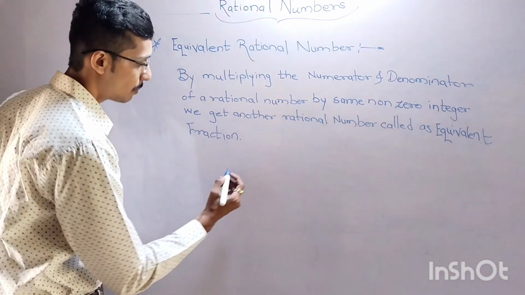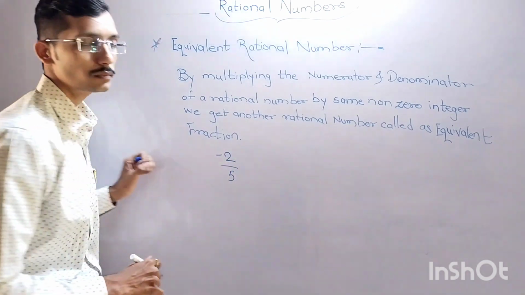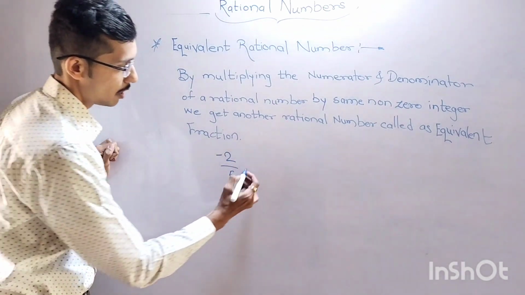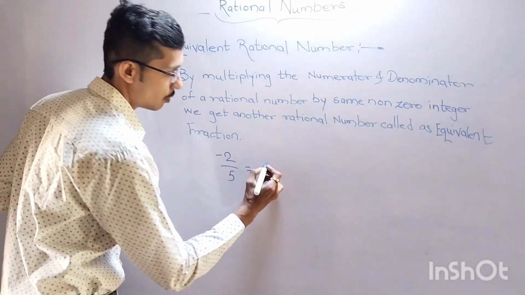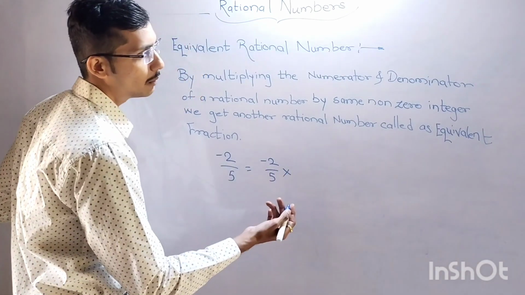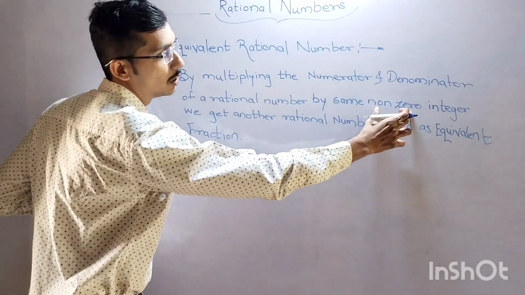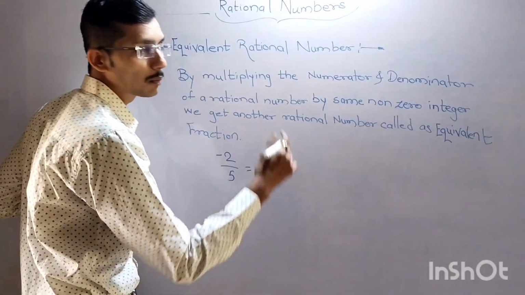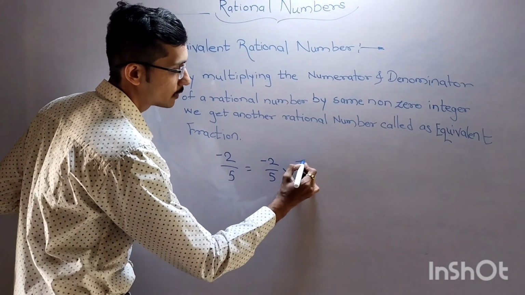Let's take an example. Take -2 upon 5. This is a rational number. To find an equivalent rational number, we multiply the numerator and denominator by any number, but it must be non-zero. It should not be 0. Let's take 7.